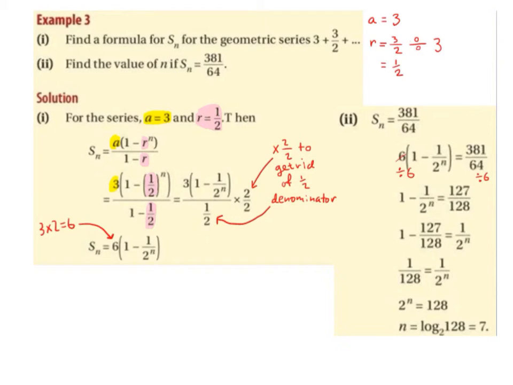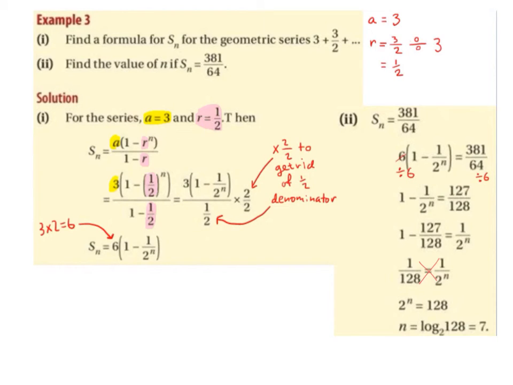So we can let 2 to the power of n equal 128, just let our denominators be equal, because they both have a numerator of 1. Technically what happened there was we cross multiplied.